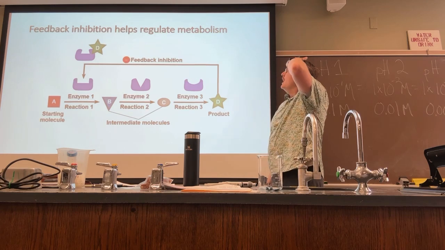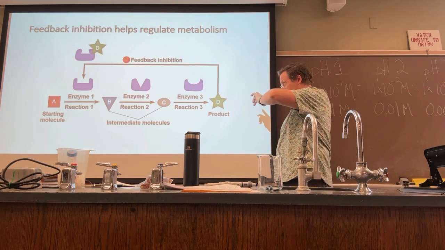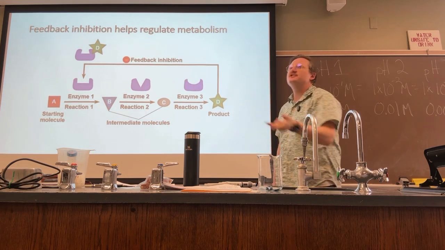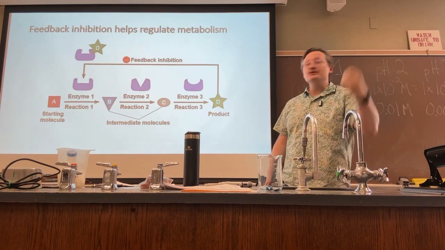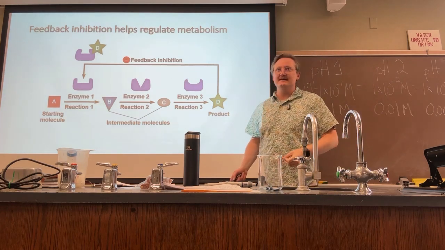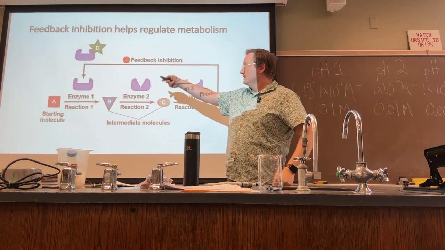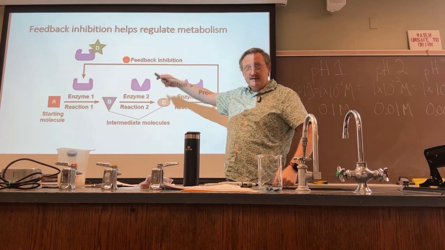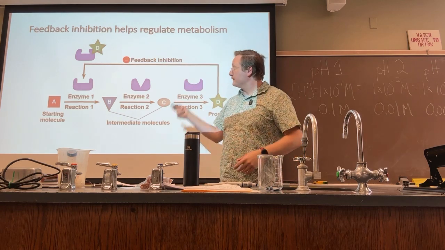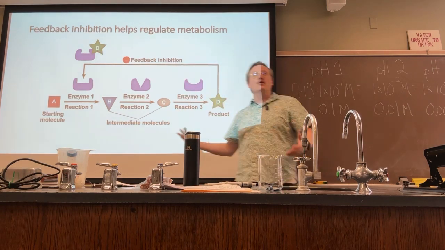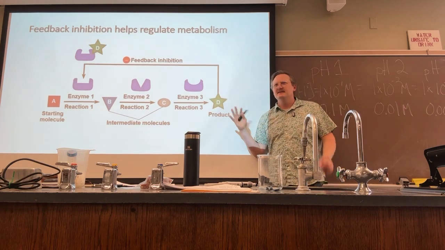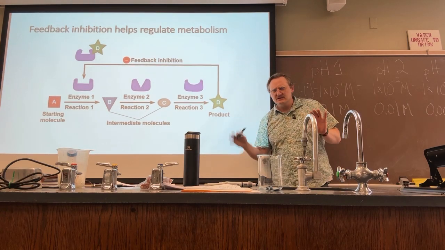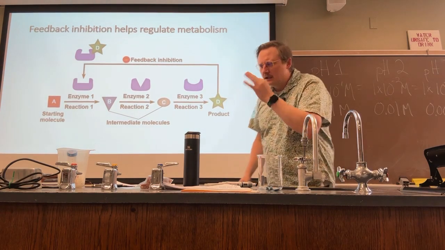Cool. All right. And eventually, as the cell is using up product D, it will pull this off and use it up, freeing up the enzyme to make more of product D. Okay? We cool so far? Awesome.